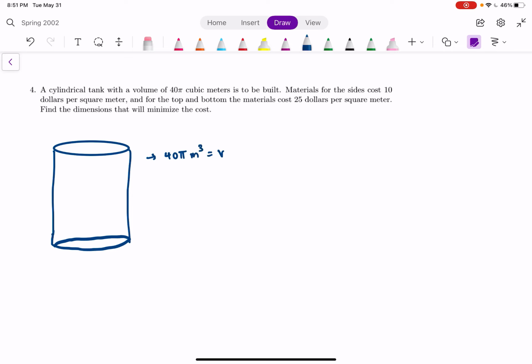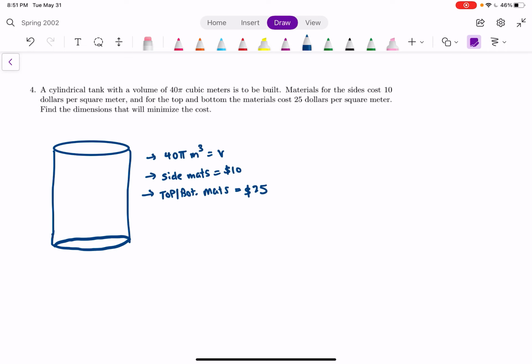They also say that side materials, so side mats, cost $10, and top and bottom mats will cost $25.